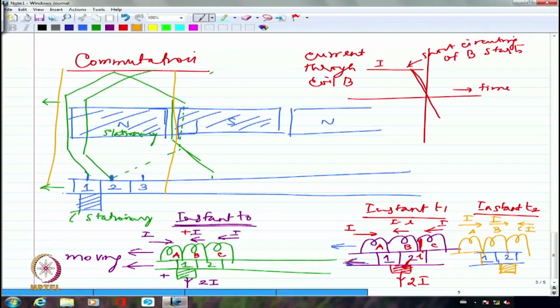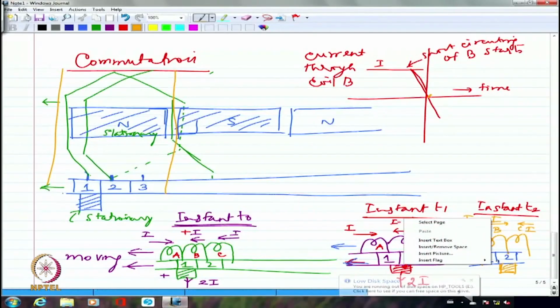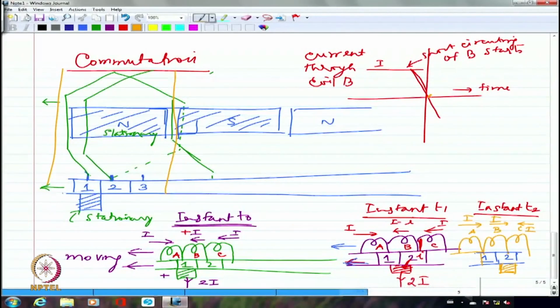So although at this point I should have seen 0 current, or it should have completely transitioned from plus I to minus I, what will happen is the induced EMF is going to actually make the current go through commutator segment 1 as well, because there is some amount of leftover current.